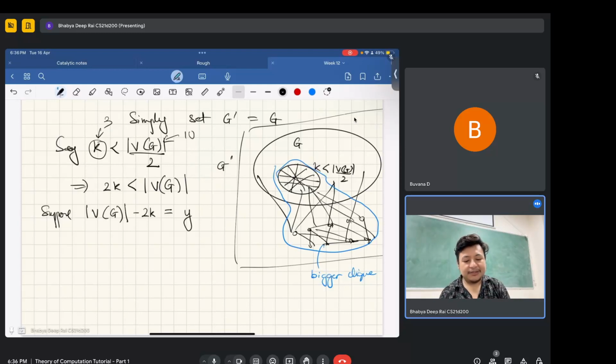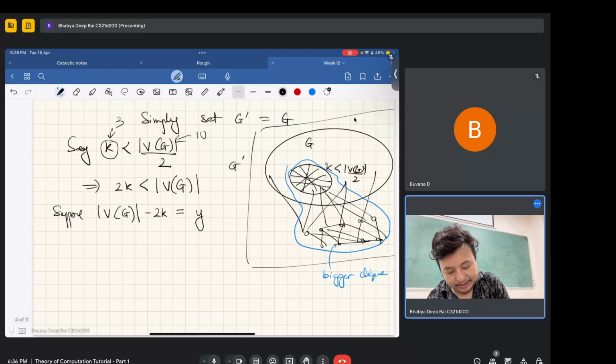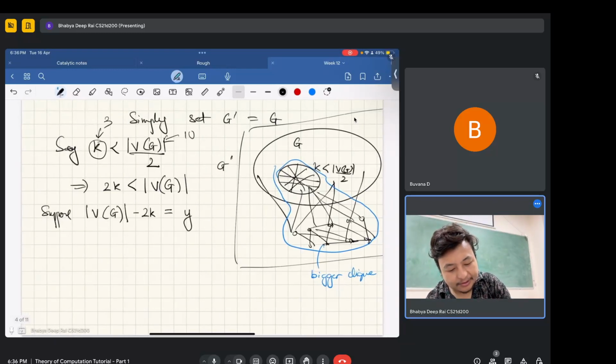Now what we'll do is include that gap many extra vertices. So the vertices that we added is that gap many.